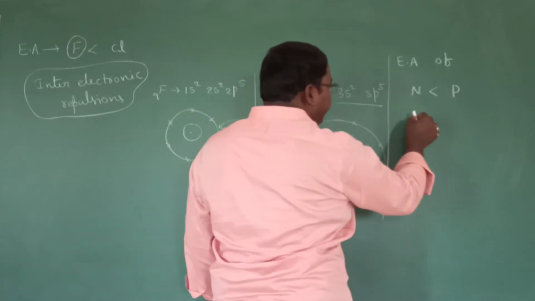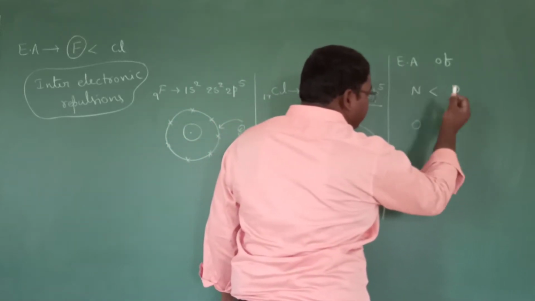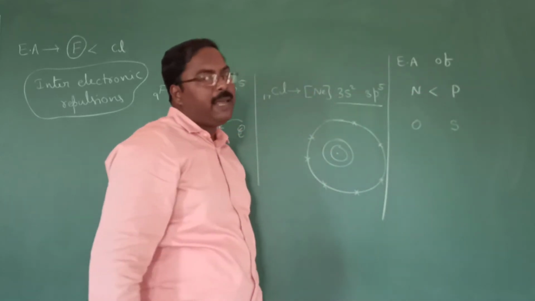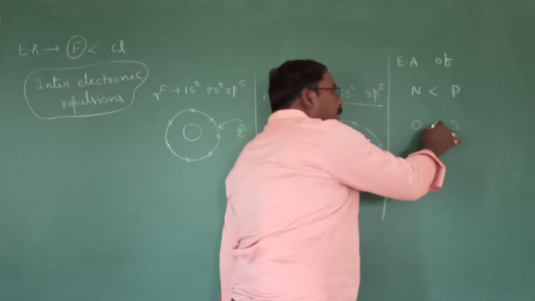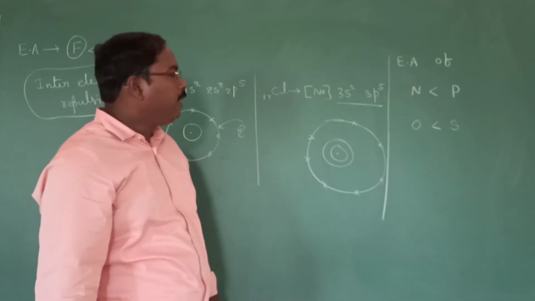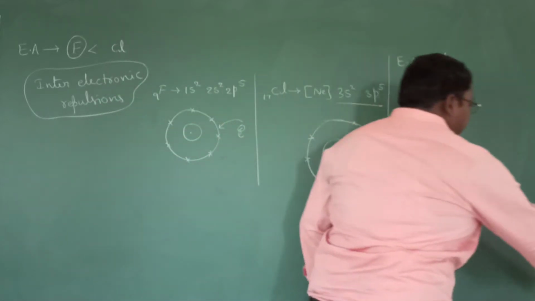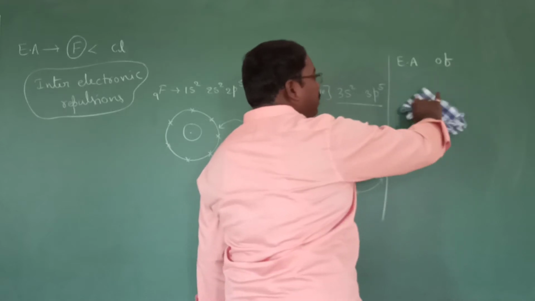In the same way, oxygen and sulfur, if you observe, belong to the same group, but oxygen will have less electron affinity compared to sulfur. Okay? Regarding nitrogen and phosphorus, we will discuss separately.